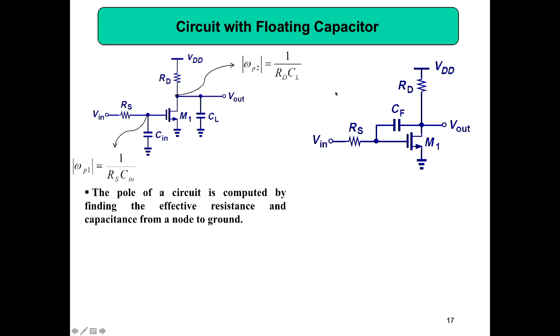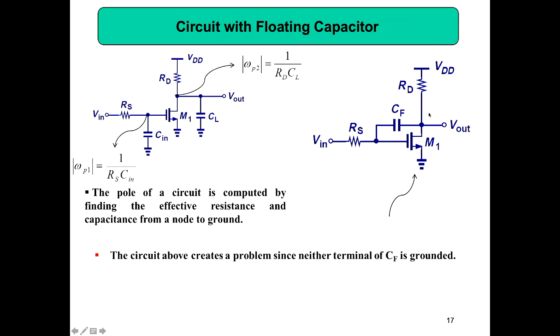Yeah, but this is only applicable when the effective resistance is from a node to the ground. When your capacitance is from node to the ground, this is correct. But here you don't have a node to the ground. This is a node, this is a node. So the circuit above creates a problem since neither terminal of CF is grounded.